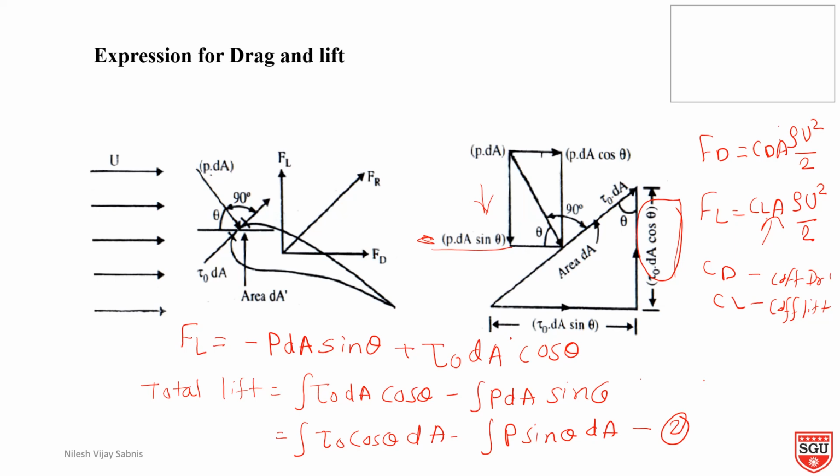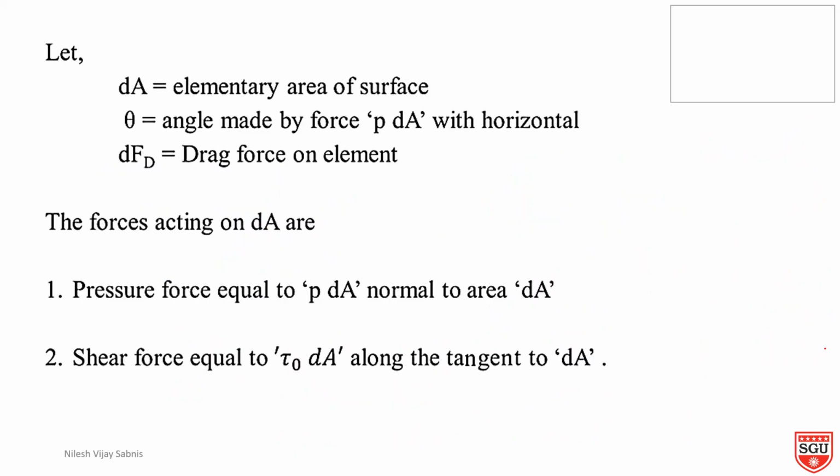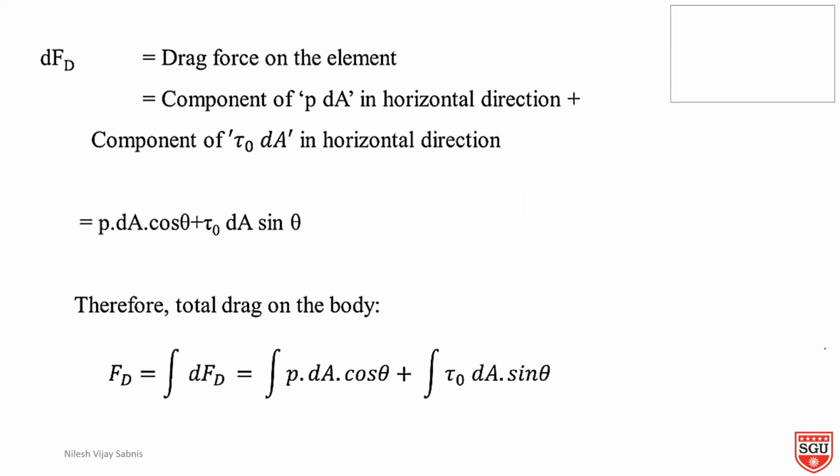Then the resultant force FR is nothing but under root FD square plus FL square. So this is all about expressions of drag and lift. Everything I have given here in this slide you can refer.